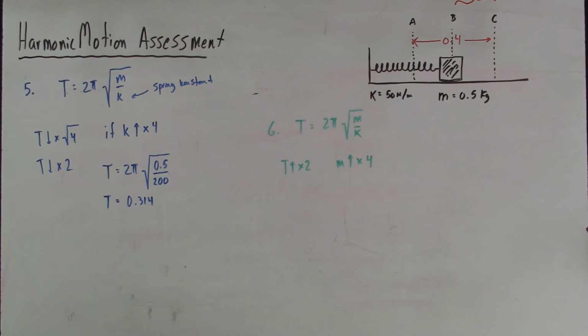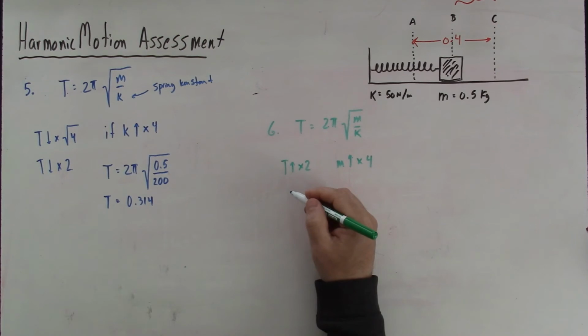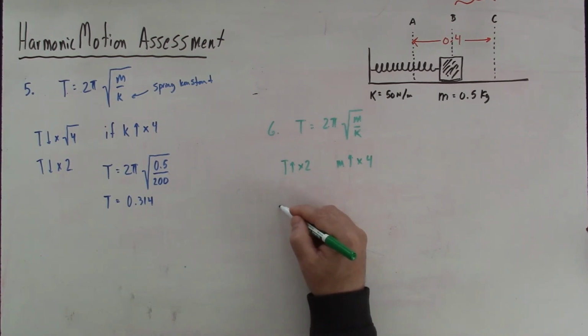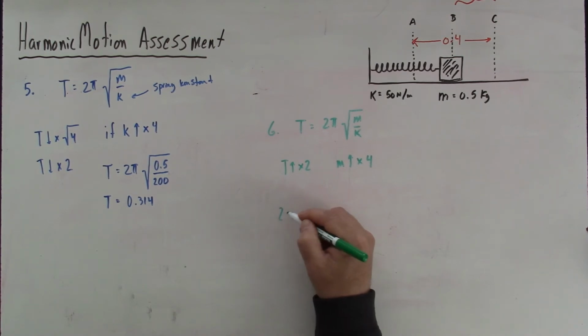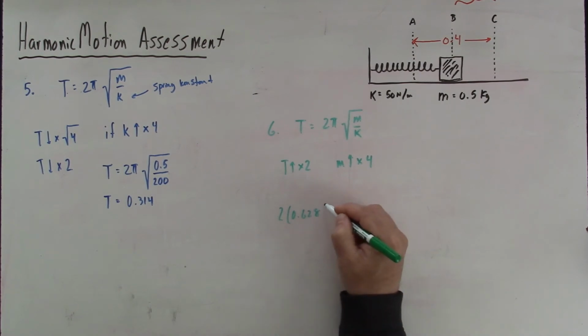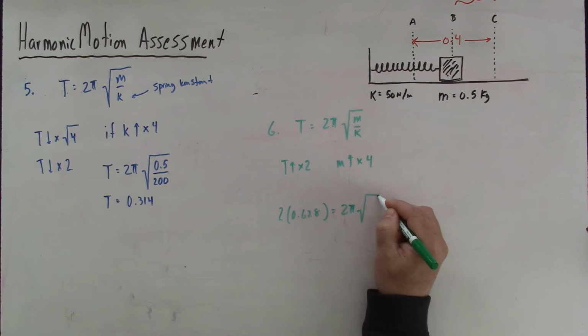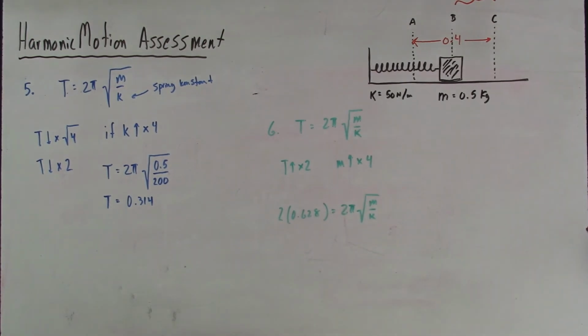Another way to do this is to take that original that we had down here. I want the period to double, so I want to do 2 times 0.628 is equal to 2 pi times the square root of m over k.